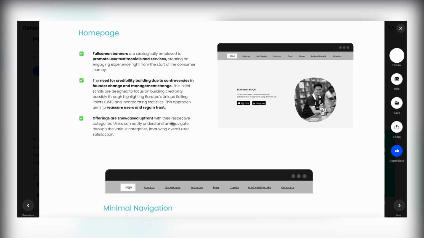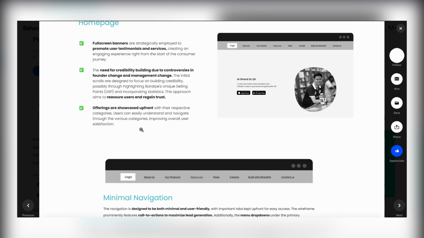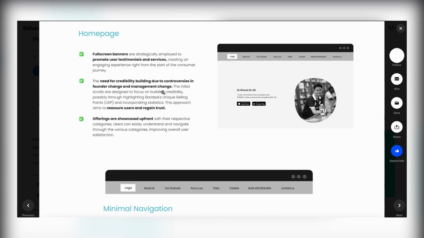Offerings are showcased upfront with their respective categories. So I don't see the need for credibility building. The initial scrolls are designed to focus on building credibility. But I only see this. Where are the images for building credibility? How does this build credibility? I don't understand how this builds credibility.